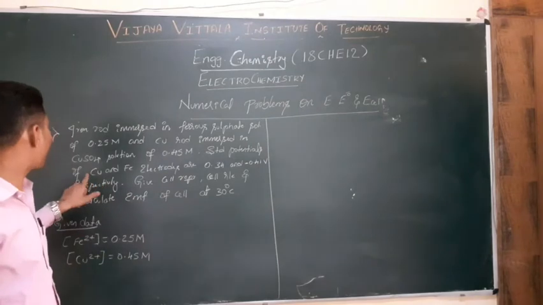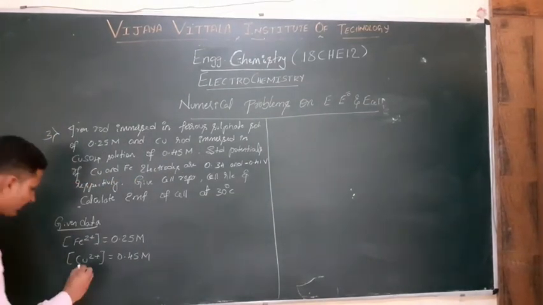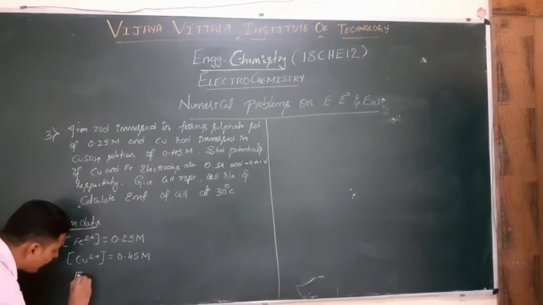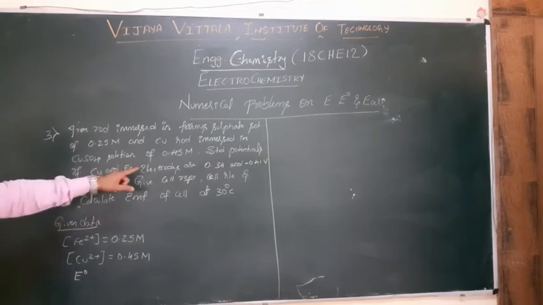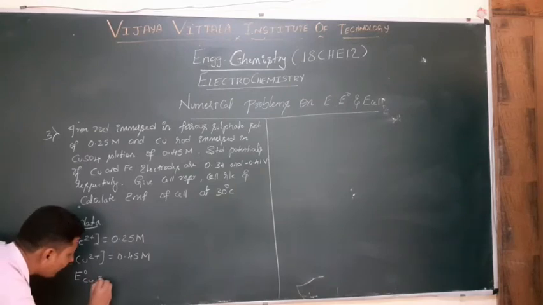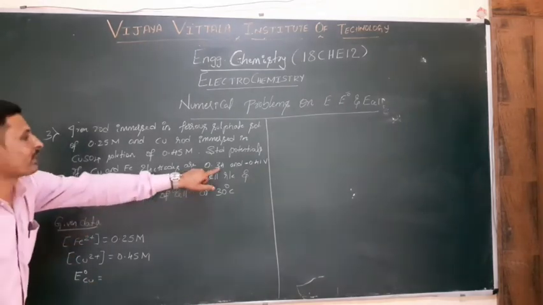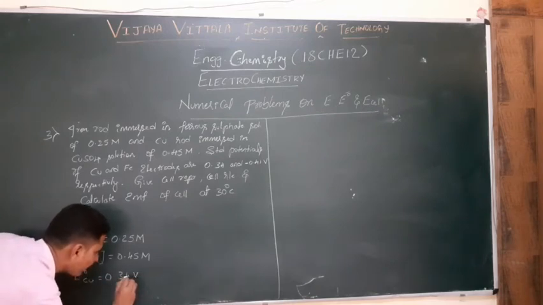Standard potentials of copper and iron electrodes are given, that is, standard electrode potential denoted by E naught. E naught of copper is equal to 0.34 volt.